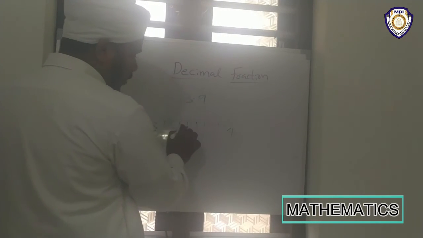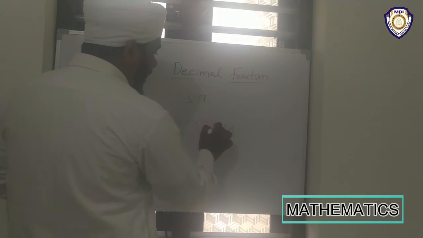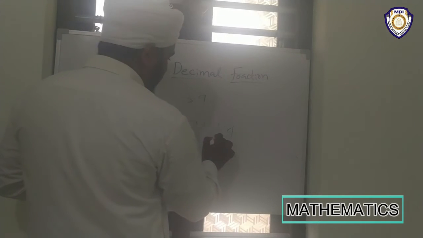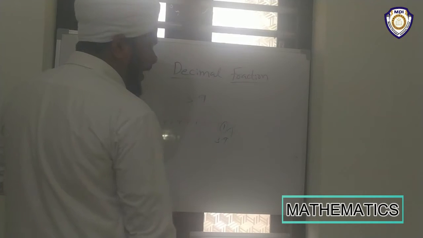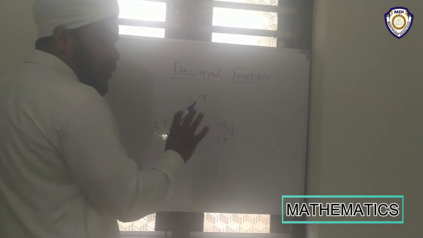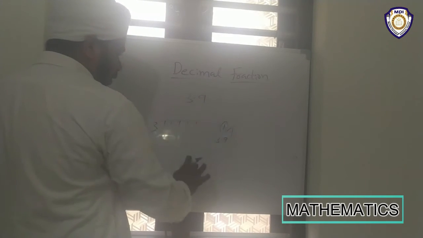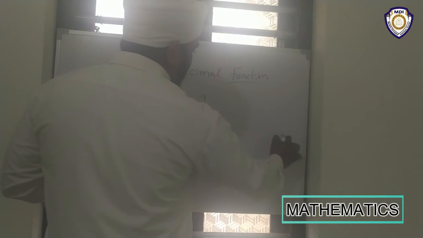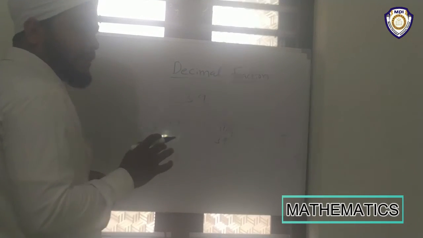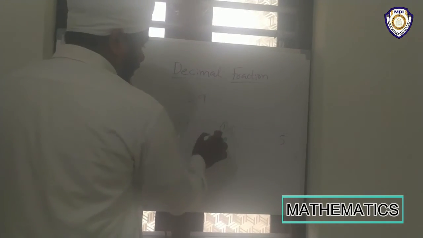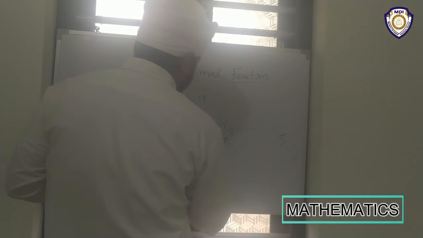This is the point 3.9. Here this is the 3.9. Representation of 3.9 on the number line. This 3, this 4, and 10 points in between. Then 3.9 is here.